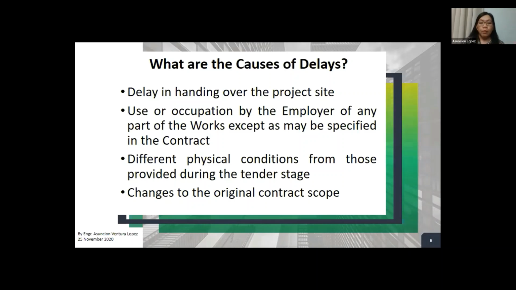Like section 1 or part 1 must be completed by this date and must be occupied by the employer, while the contractor is working on the rest of the project. So as long as it's not specified in the contract, and the employer used or occupied that section or part of the works, then the contractor may be entitled to apply for an extension of time.